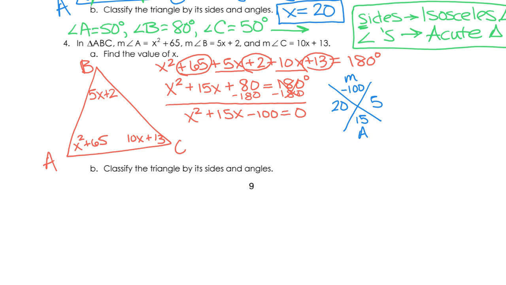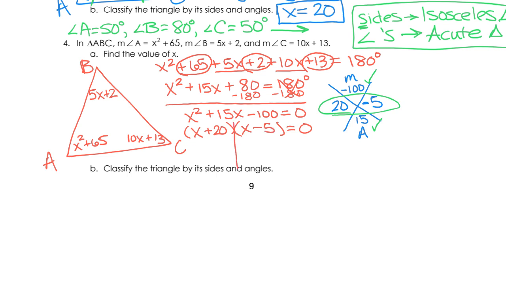And to get a positive 15 out of 20 and 5, we're going to make the 5 negative, which then, if we check to see if they multiply to negative 100, it does. And if they add to 15, it does also. And so we're going to use those numbers. Remember, this is what I call an easy trinomial. It's easy because you can go right to the factors. You break up that x squared term into x and x. One gets a positive 20 and the other one gets a minus 5.